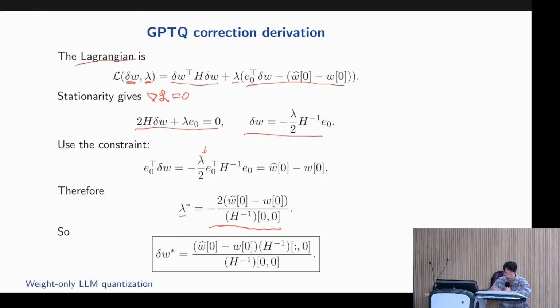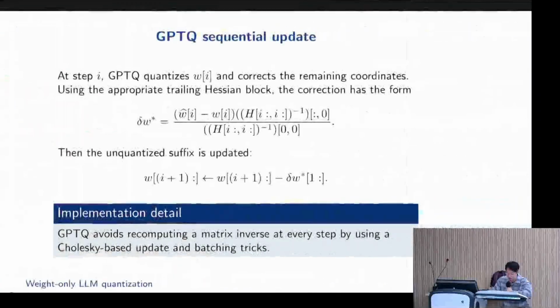I'm going to plug it back into our formula obtained by stationarity of the Lagrangian. And this is the relation that must be satisfied by delta W star, the optimum primal point.